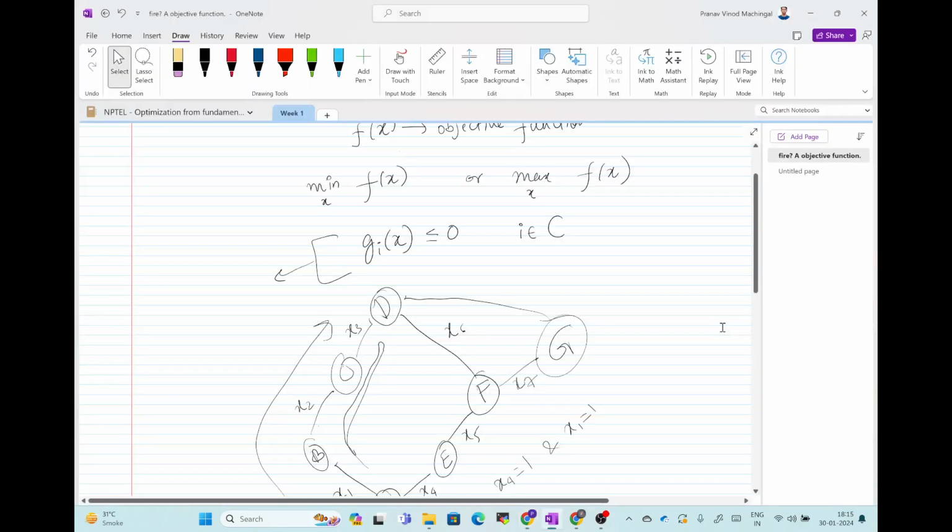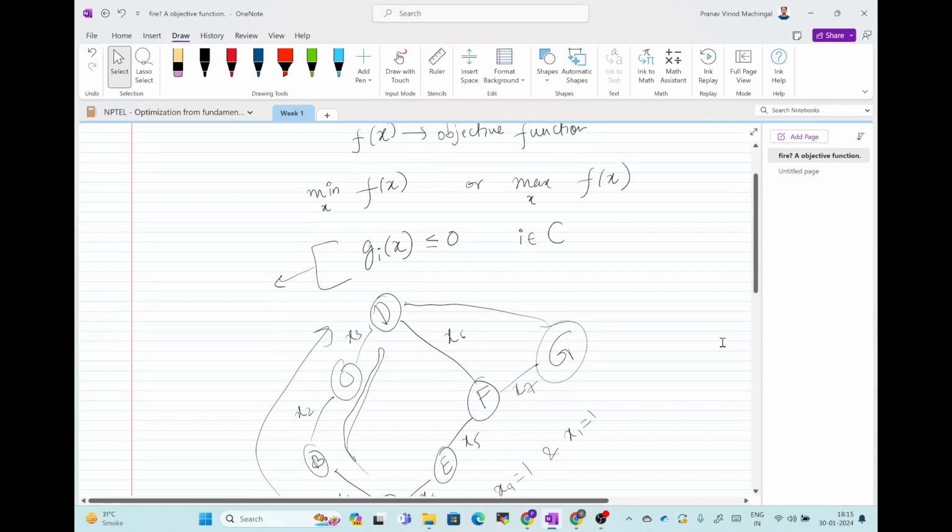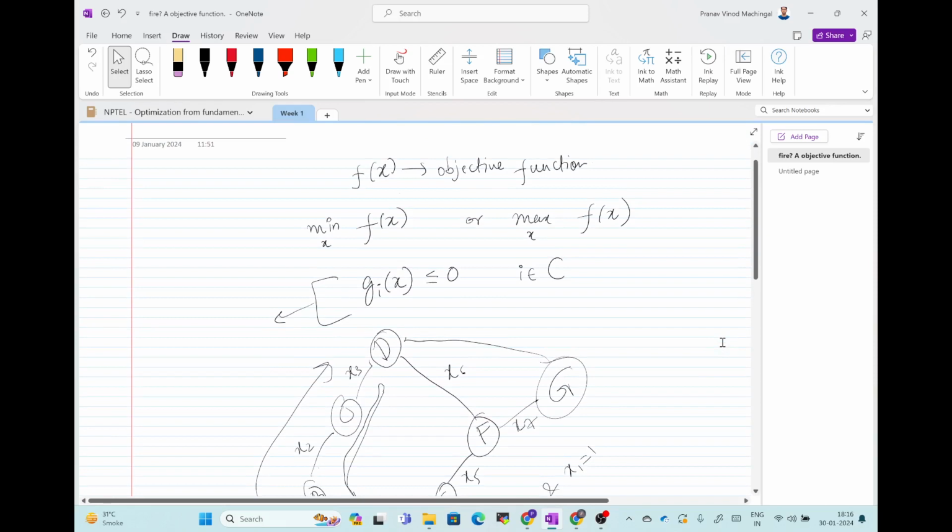Okay, if there's no doubt, then we can discuss what was taught in the first week. The first week was an overview of real analysis. Why do we need some understanding of that?